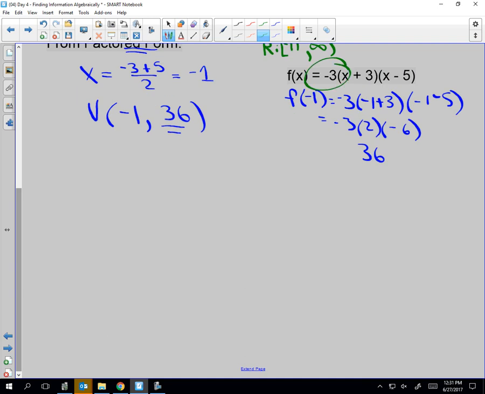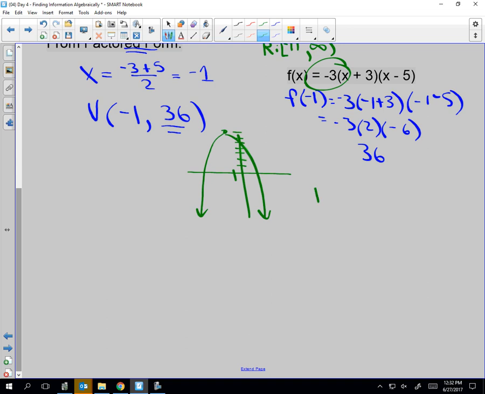Okay, now let's look at our last graph here. We've got a negative leading value, so our point here, okay, negative 1, I'm going to have to go 5, 10, 15, 20, 25, 30, 35, and here's my 36 point up here. We know that this graph is face down because of the negative leading value.